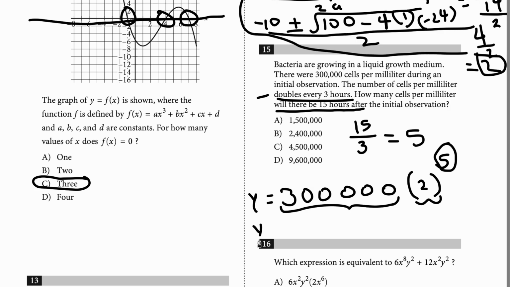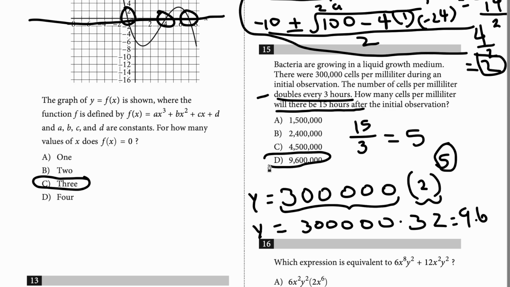So the answer for this would be 300,000 times 32, which, if I put in the calculator, would be 9.6 million, which would be option D.